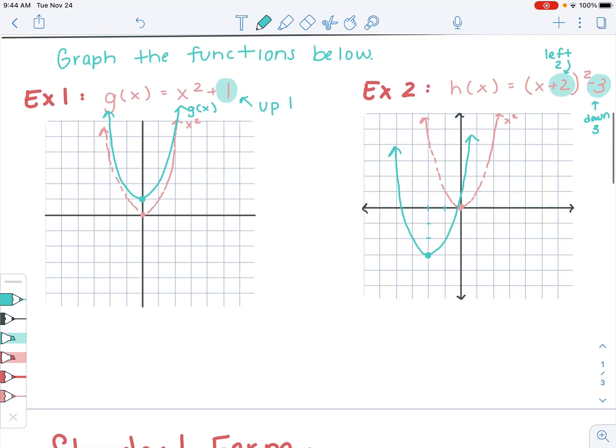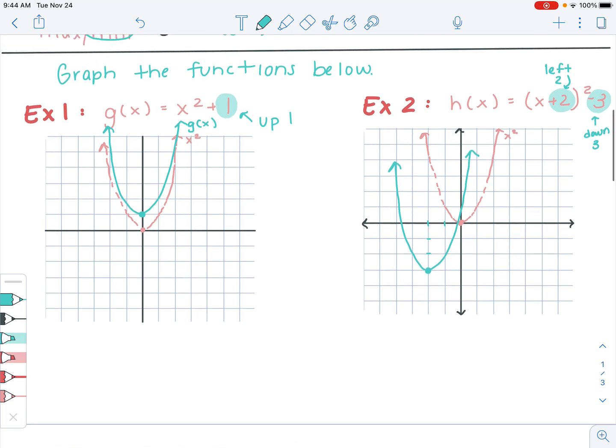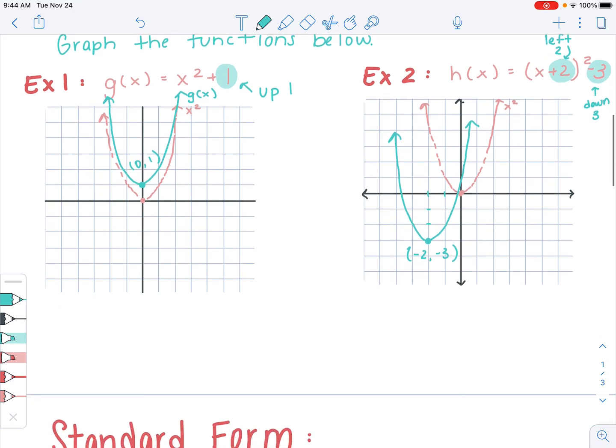Another thing I noticed right away was that my vertex here is -2, -3. My vertex of the first one is 0, 1. My vertex shows up in my equation. I know where I'm going to plot the vertex because of the numbers in my equation. And this is called the standard form of a parabola.